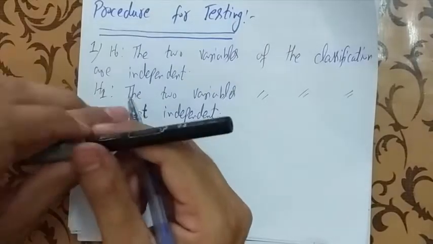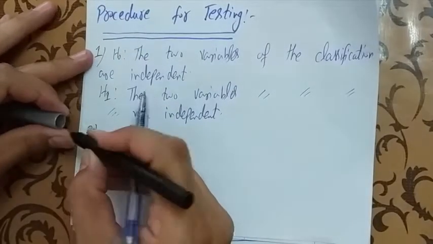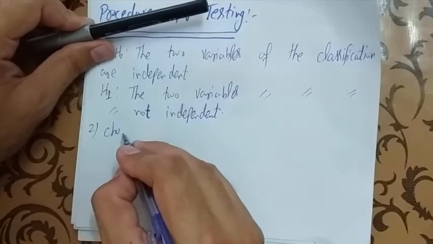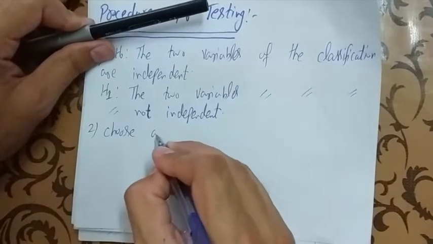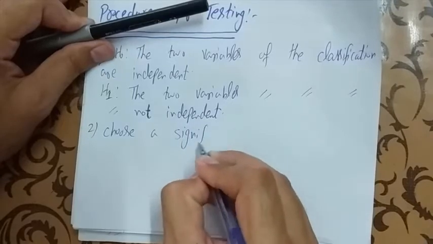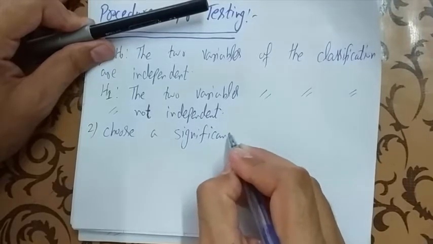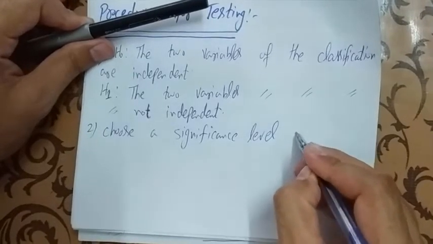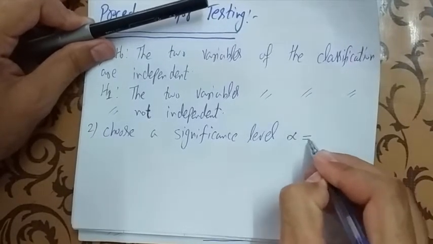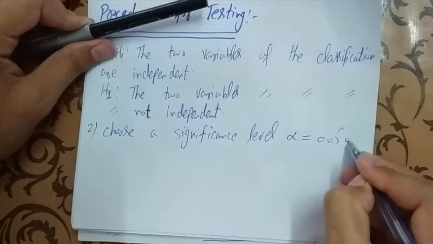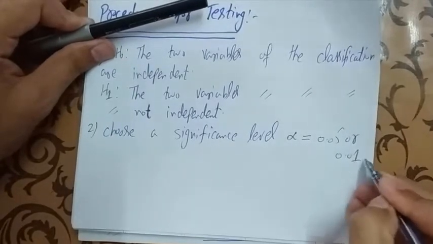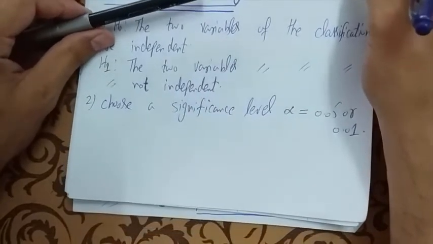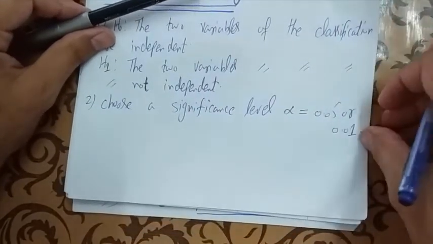In the second step, choose a significance level, say alpha, which may be 0.05 or 0.01, just like the previous problem. It may be defined in the problem.